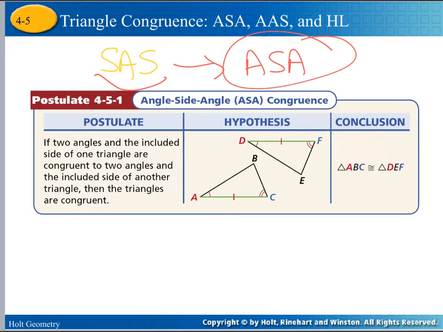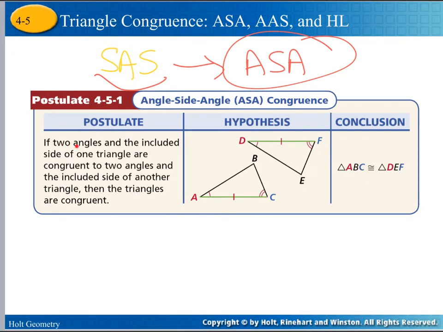It's a postulate, and we're just going to tell you that if you know that two triangles have two angles that are congruent, and the side between those two angles, the included side, is also congruent in both triangles, then we know that these two triangles are going to be congruent triangles.